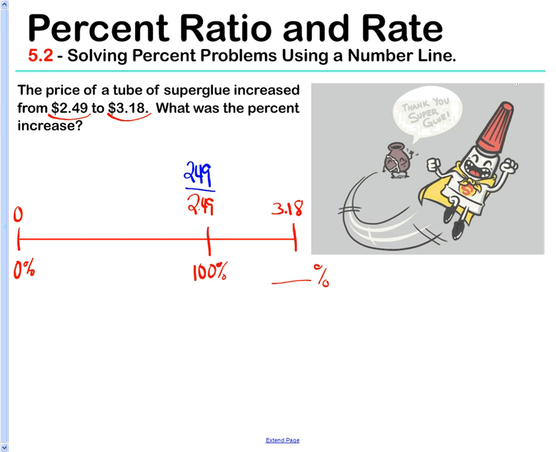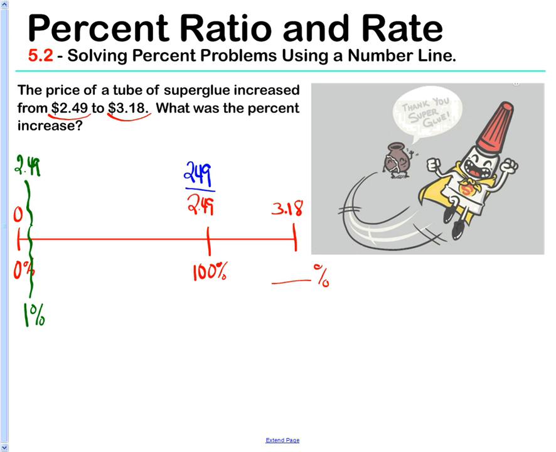So once we've got our 249 pennies, we divide that by the same thing that we divide our 100% by to get our 1%, so we always need to find our 1%. We divide 249 by 100, and that equals 2.49. Now this is where it becomes important with the whole decimal thing, because this 2.49 is referring to 2.49 pennies, not $2.49. You would get confused here if you didn't have it in your head how much this was.